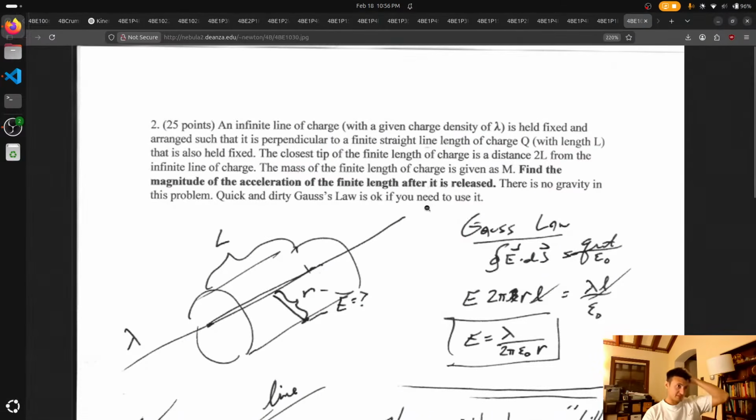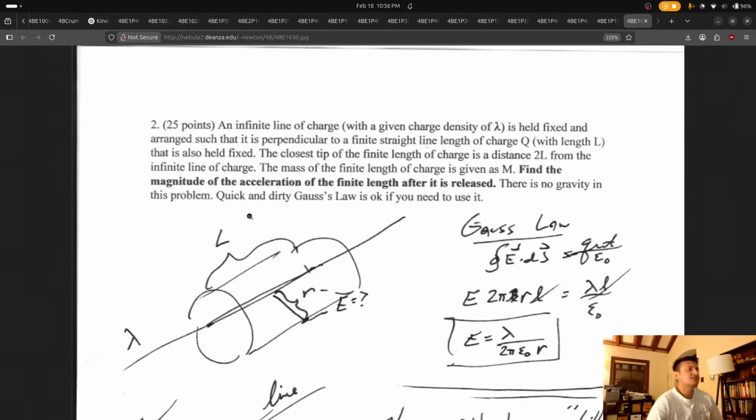An infinite line of charge with given charge density lambda is held fixed in an arrangement such that it is perpendicular to a finite straight line of length l and charge q. What is this drawing?